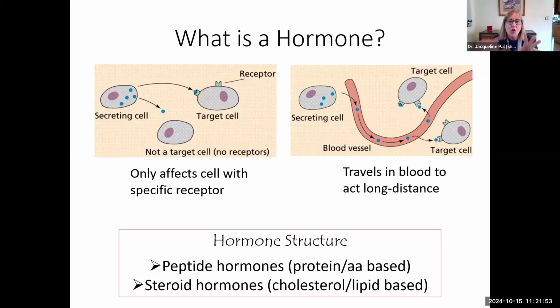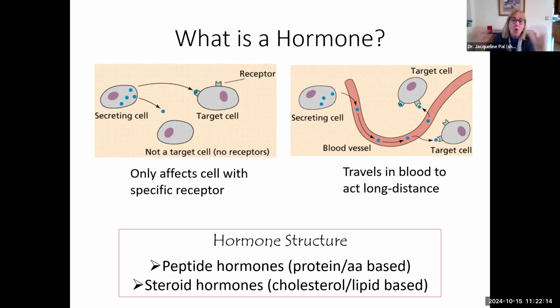When we look at hormones, we classify them generally into two different structural categories. Peptide hormones are those that are made out of proteins or out of amino acids. Remember, amino acids are the building blocks for proteins.